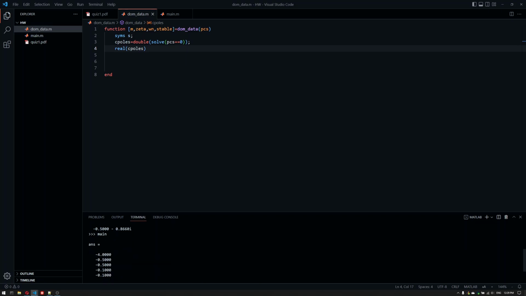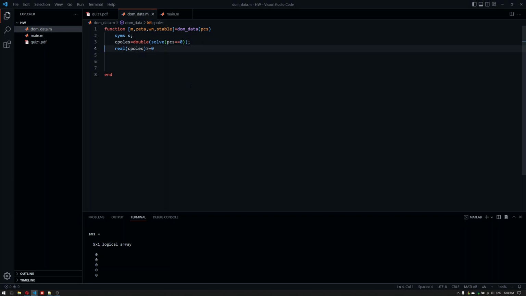There we go. Now we have the real parts of our poles. A quick check would be the following. We could eliminate the ones that are actually positive. So this. There we go. As you can see, none of them satisfy this.